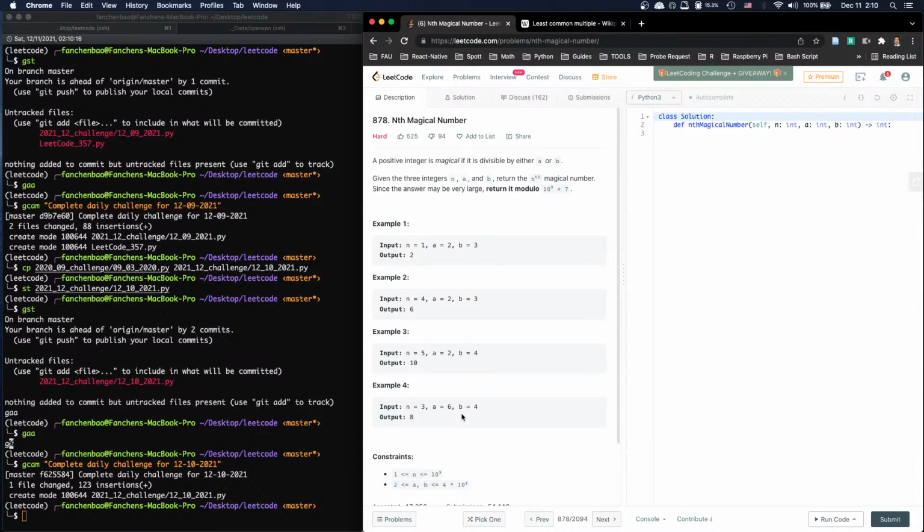So we try, left is 1, right is 3. So the first value we try, so right is going to be infinite.